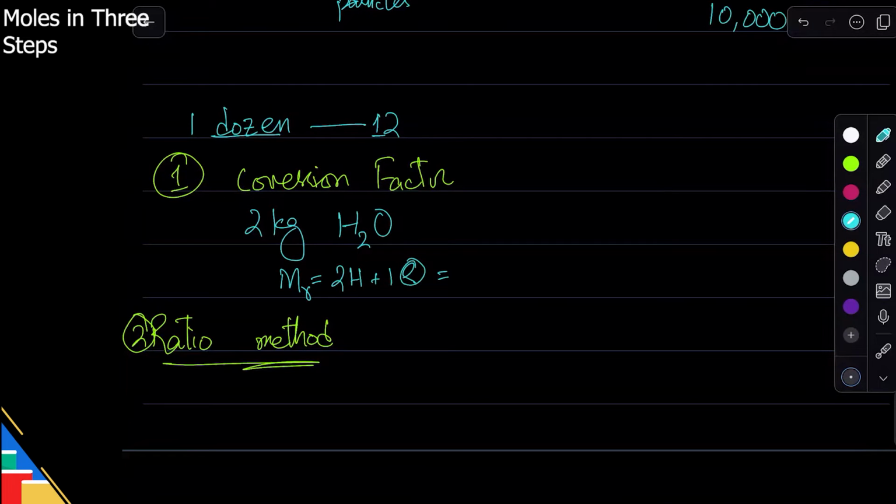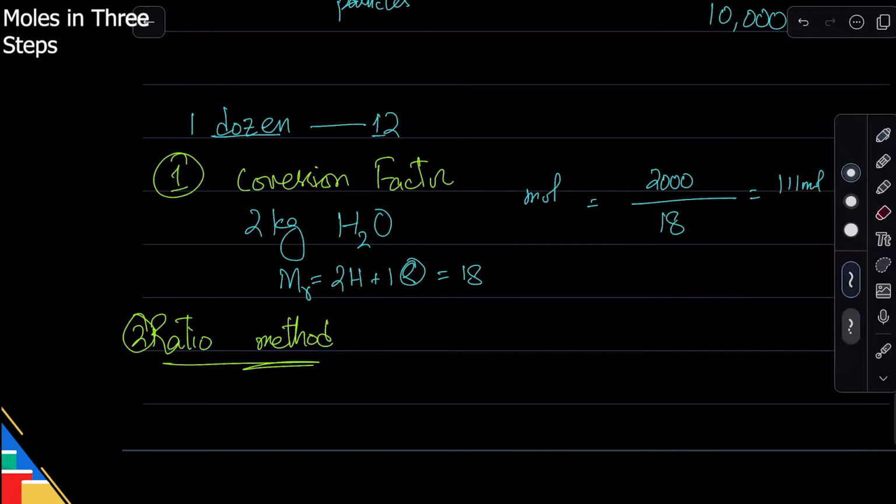That is 2 times 1 plus 16, 18. Which means 1 mole of water is 18 grams. So I have 2000 grams. I divide by 18. That gives me how many moles of water I have. I have 111 moles. I can easily find it using the conversion factor.